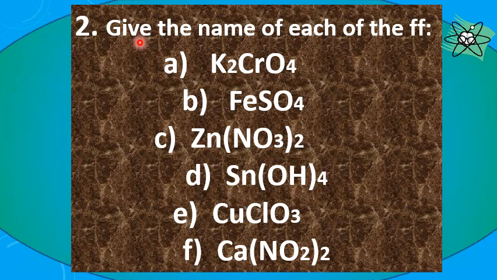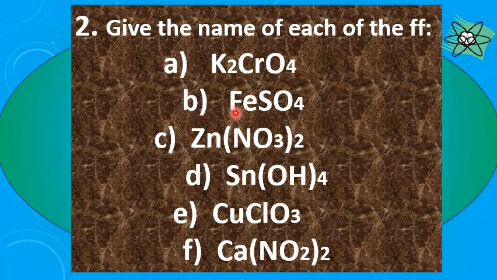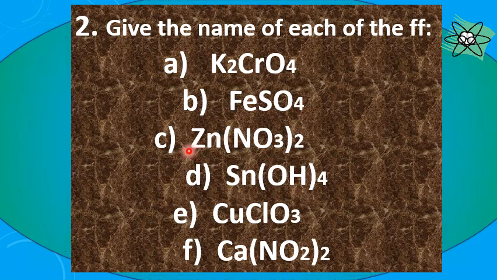Question number 2. Give the name of each of the following. Letter A, K2CrO4. Letter B, FeSO4. Letter C, Zn(NO3)2.